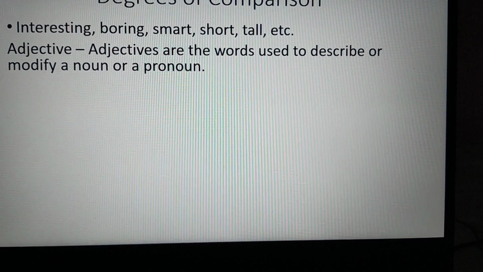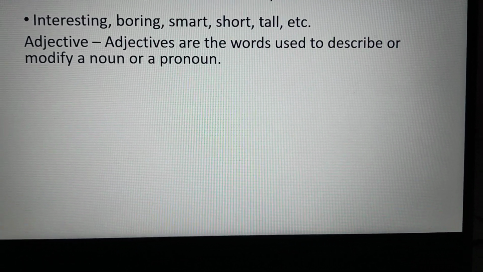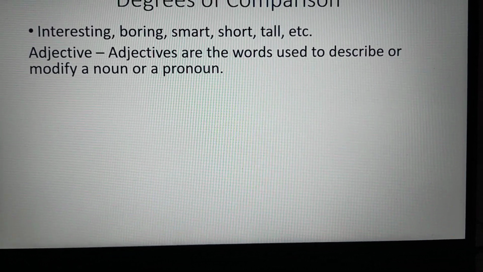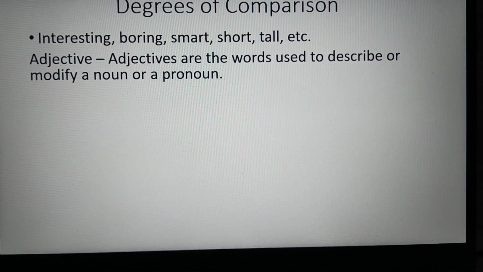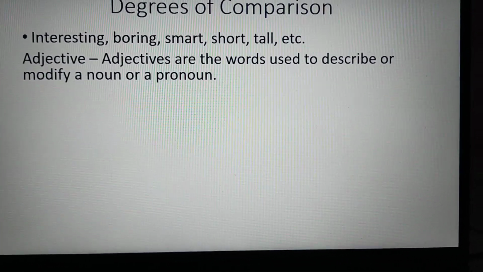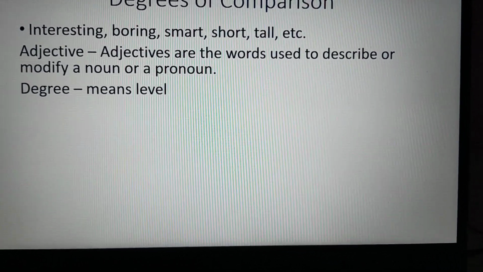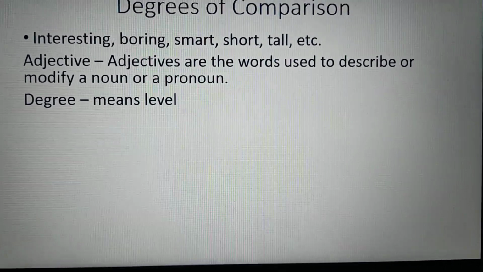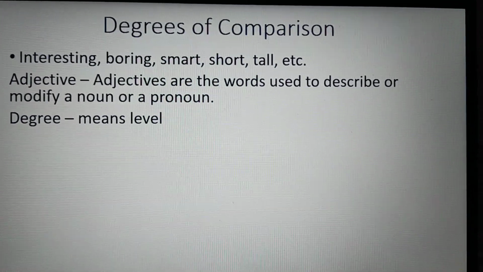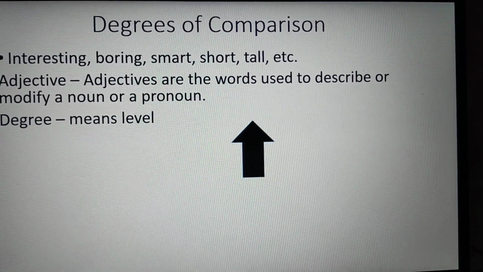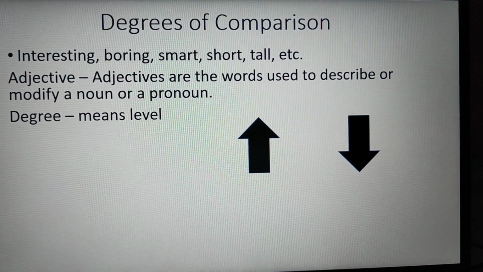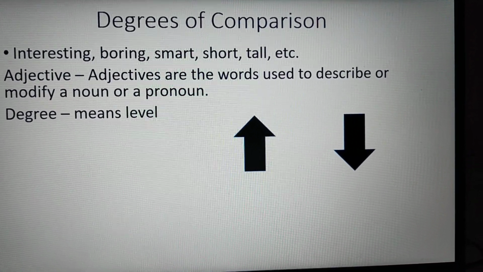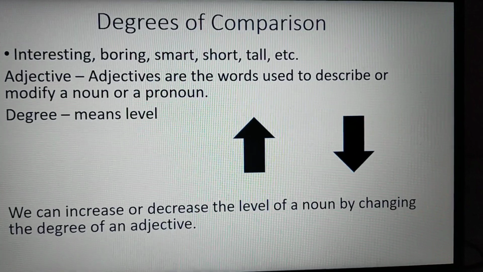Well, now we have understood why it is important to understand adjectives, because adjectives are the words that are used to describe a noun. Now let's see what is degree. Degree means level. Level can be increased or decreased depending upon the degree that you are using to compare the noun.